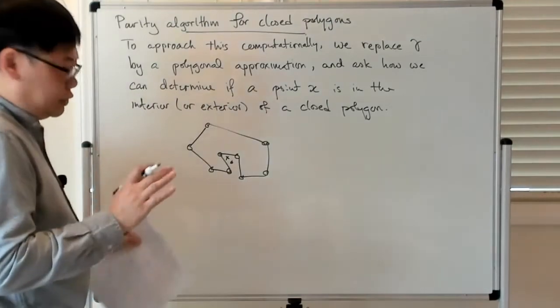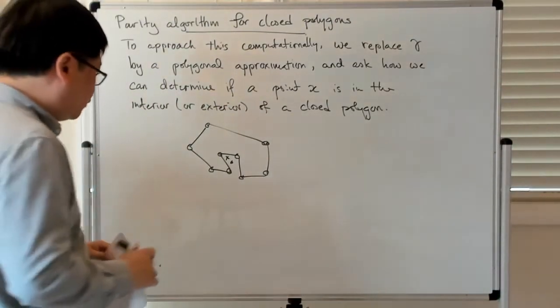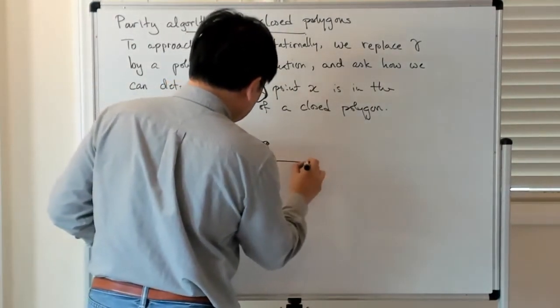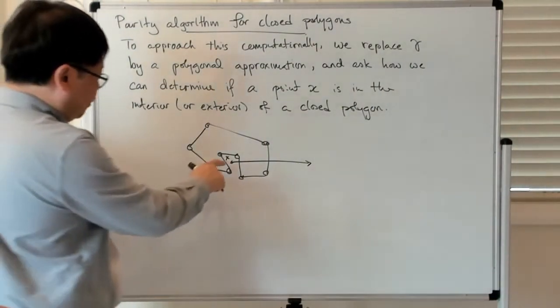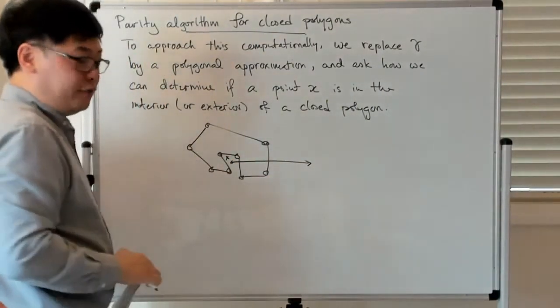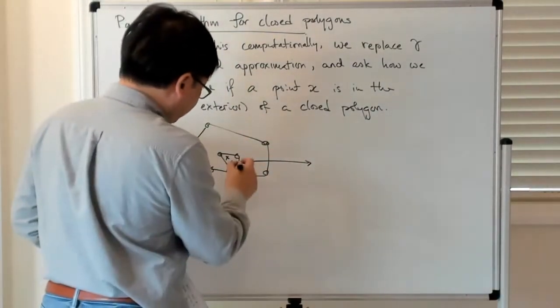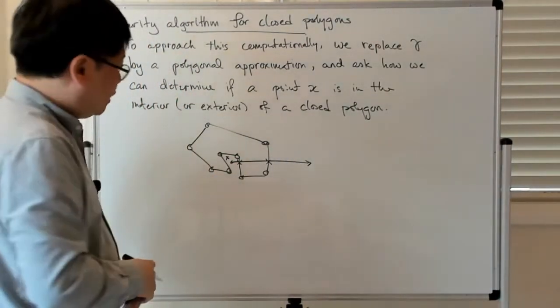So modulo issues of whether you're in what is called general position, we're going to think about this pictorially. You take a point x and draw a half line out to infinity, and then you count the number of times you cross the polygon.